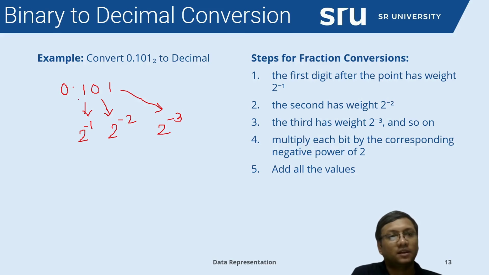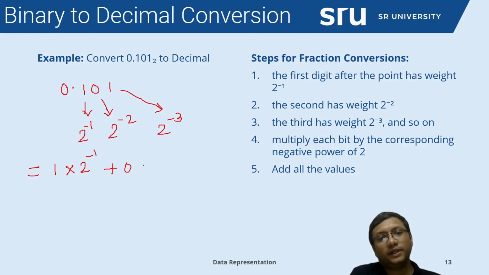Okay. So if I expand, the digit multiplied by its weight, so 1 into 2 to the power minus 1 plus 0 into 2 to the power minus 2 plus 1 into 2 to the power minus 3.